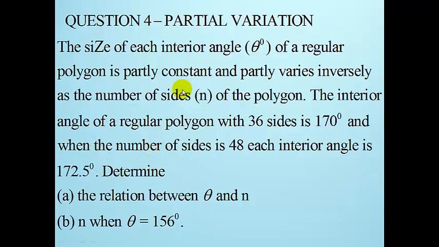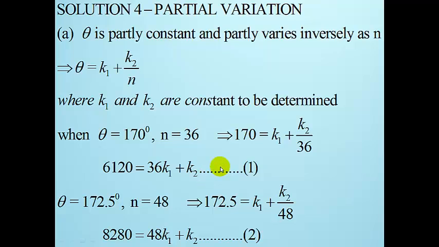Now, let's look at how we can solve this problem. From the question, theta is partly constant, and so theta is equal to K1, and partly varies, so we add it to the sum of the second variation, and so partly varies inversely as n. That's why it's plus K2 over n, because it's inverse variation. So theta is equal to K1 plus K2 over n.